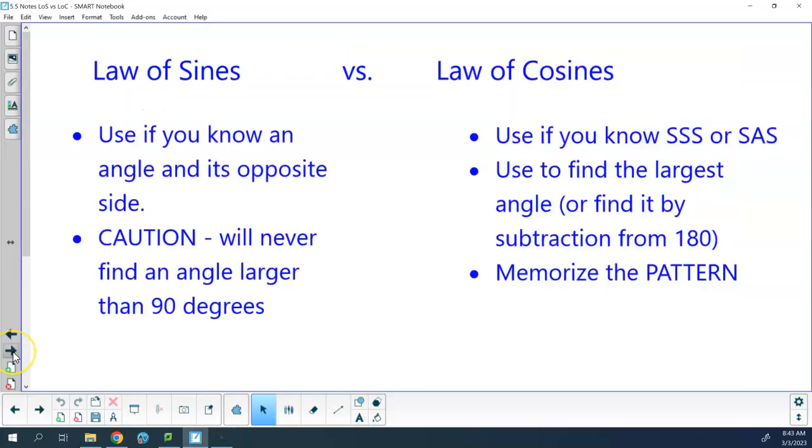So we came up with this little cheat sheet, if you will. When do I use law of sines versus when do I use law of cosines?